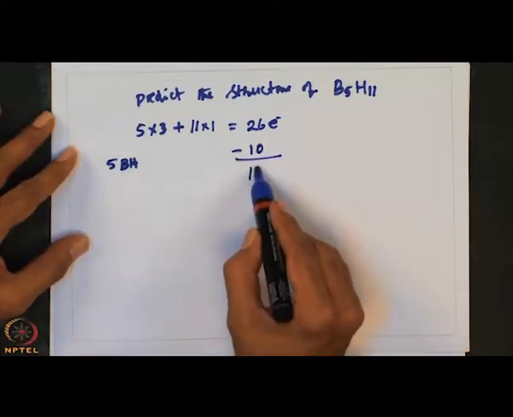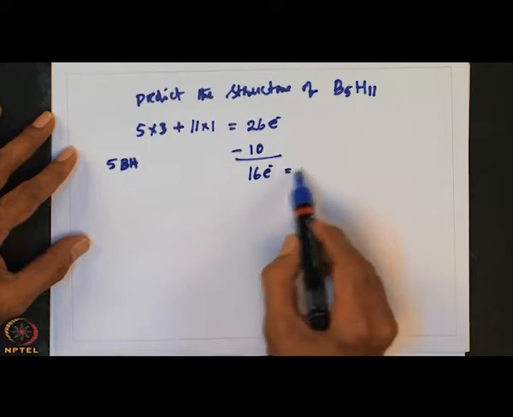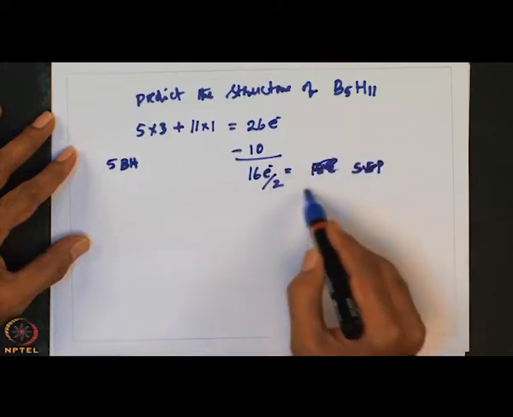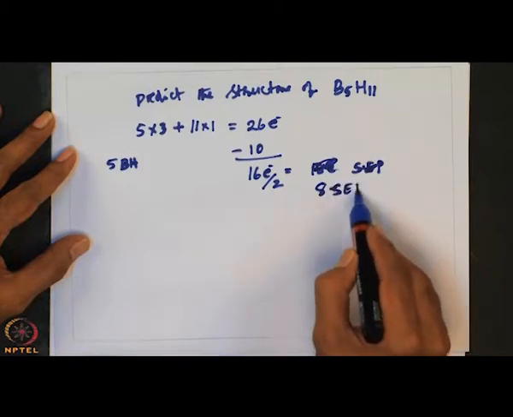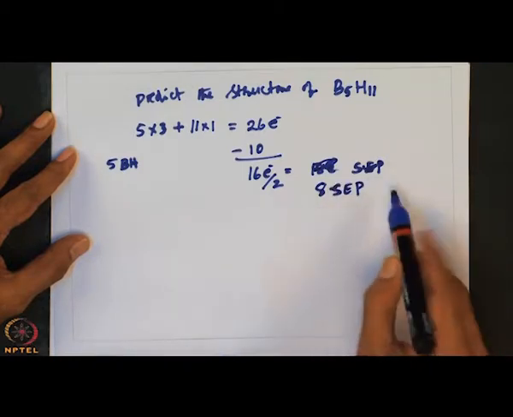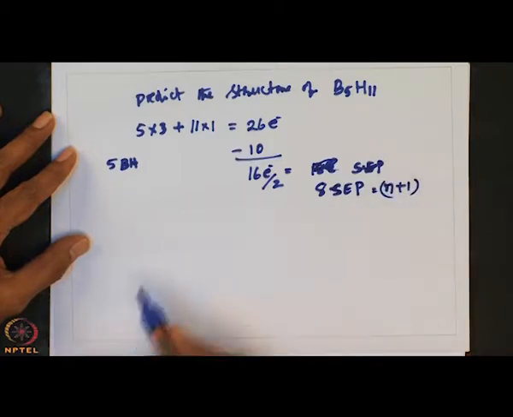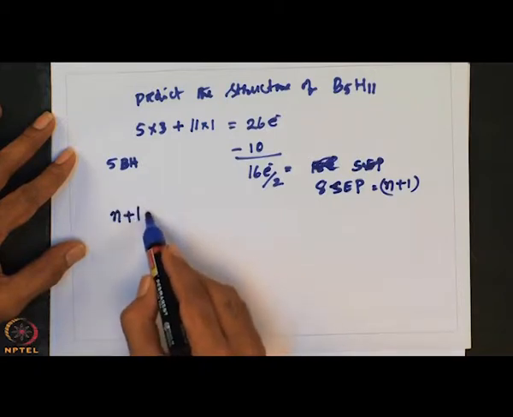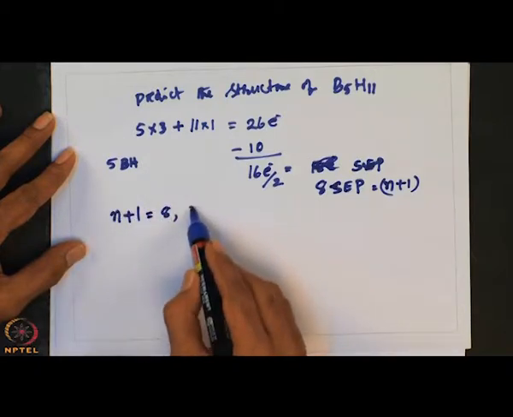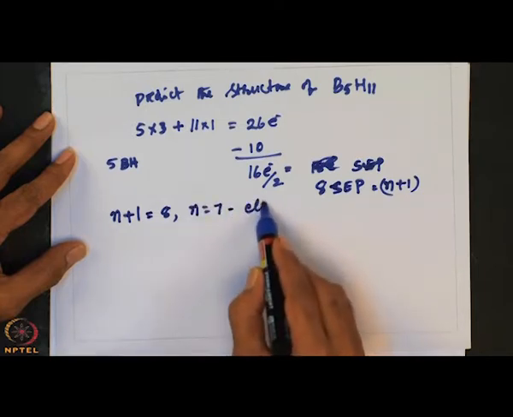So, we have about 16 electrons here, and 16 electrons divided by 2 gives 8 skeletal electron pairs. This is essentially equal to n plus 1 if you consider Closo. If n plus 1 equals 8, n equals 7 should be Closo.